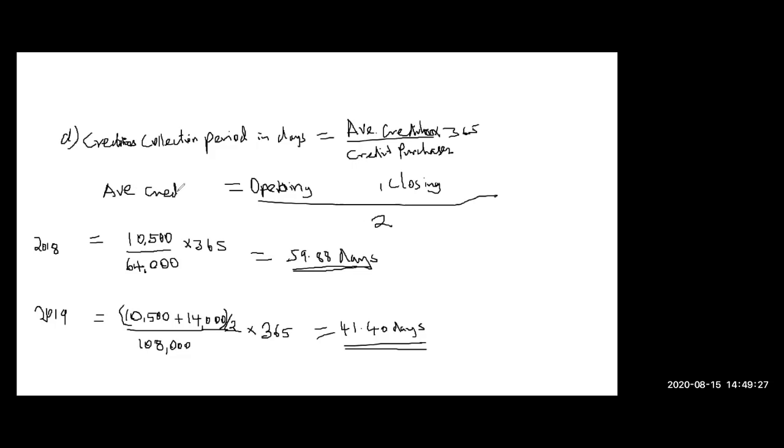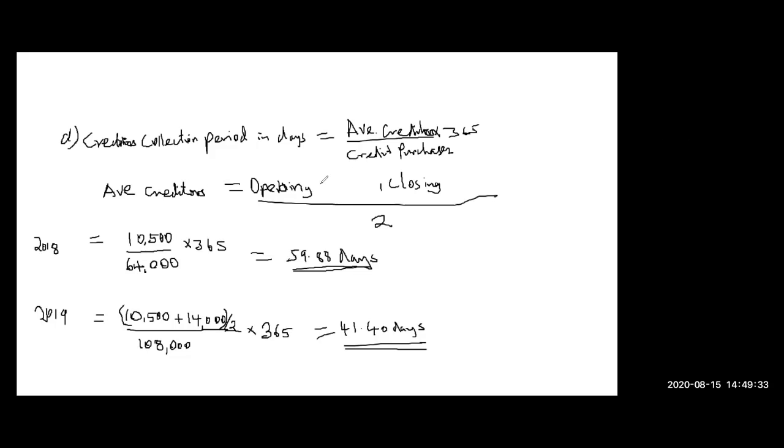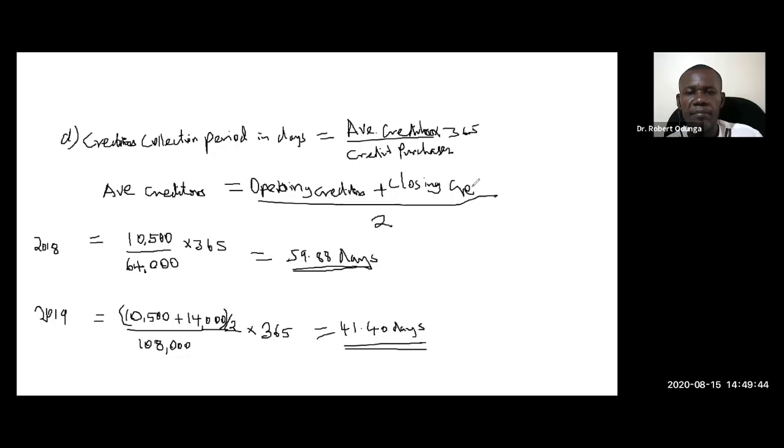Average creditors is opening creditors plus closing creditors over 2.